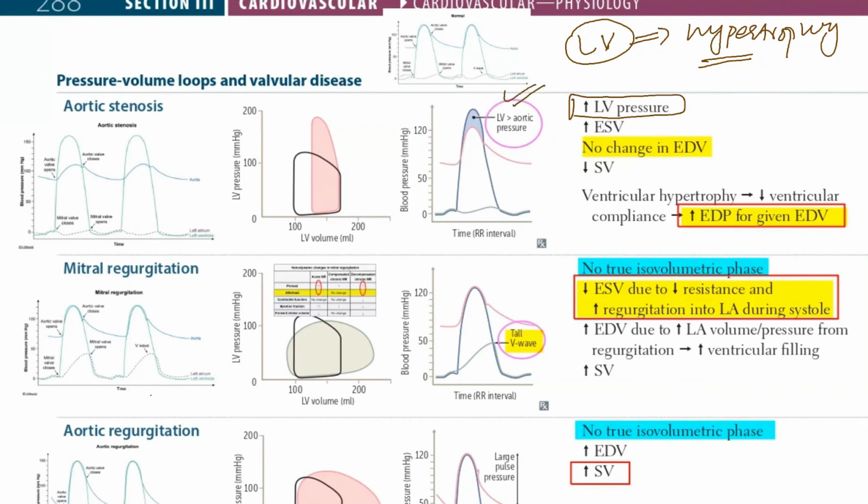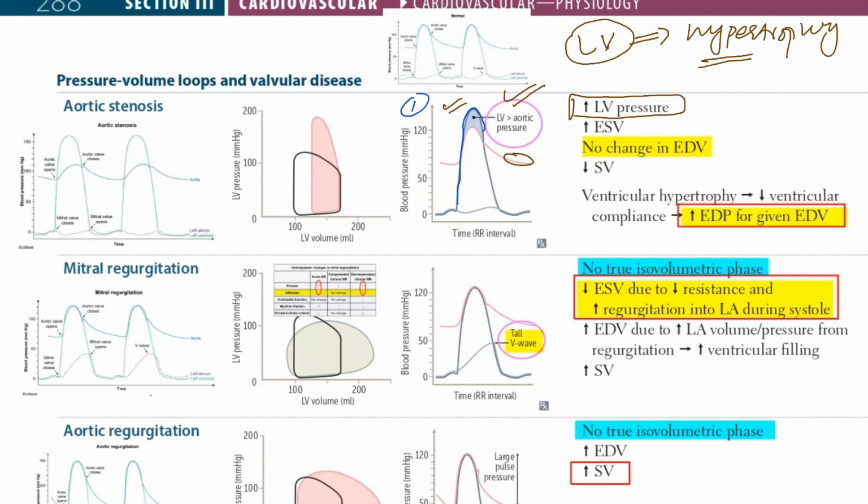You can see in this Wiggers diagram, which we studied previously, the red is aortic pressure and the blue is left ventricular pressure. You can see that there is a gap between them. Left ventricular pressure is going up, like I mark in blue, as compared to the red aortic pressure. So this gap is in aortic stenosis.